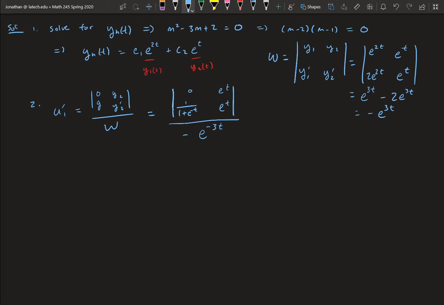So u1 prime is going to be negative e to the t over 1 plus e to the negative t, over negative e to the negative 3t. Man, what can we do? The negatives cancel, and the negative 3t can move all the way up to the numerator, so that's like e to the 4t, make sure I'm not screwing this up.